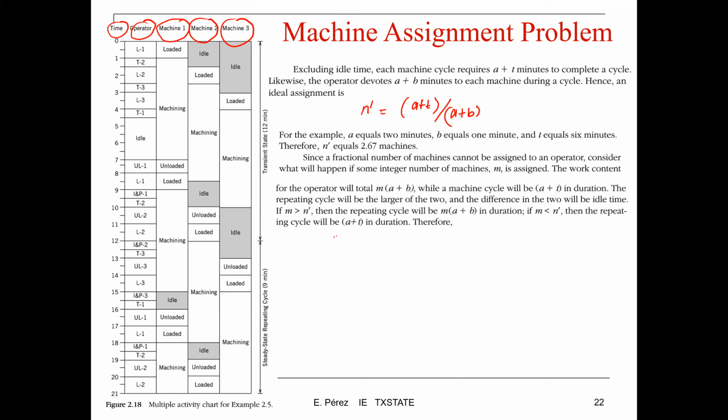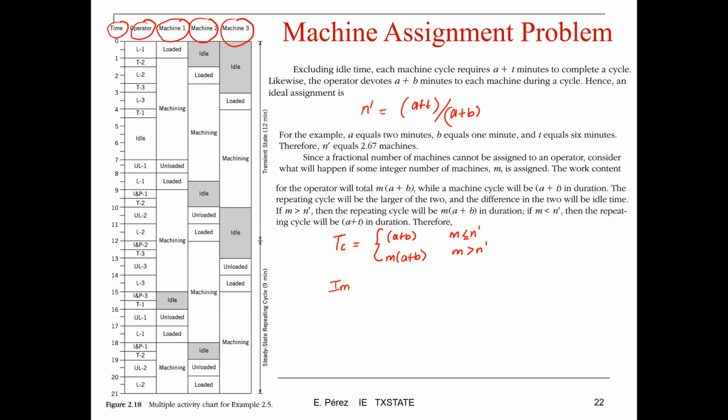Therefore, TC is going to be equal to A plus T if M is less than or equal to N prime, or M times (A plus B) if M is greater than N prime.